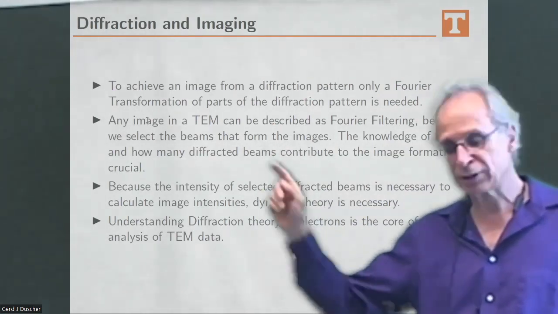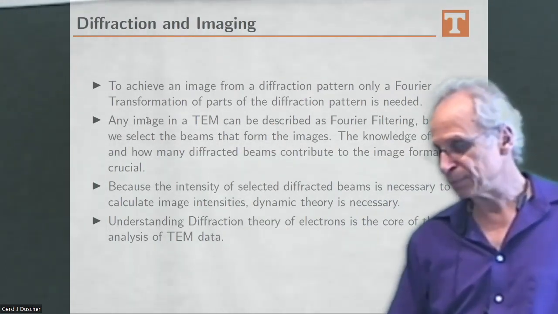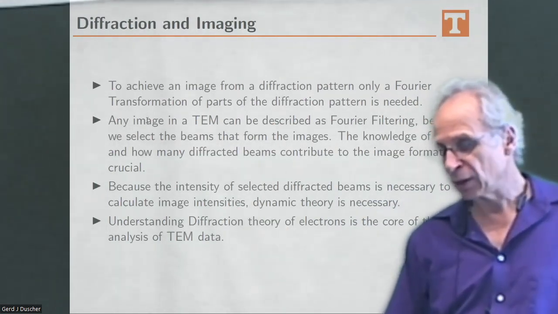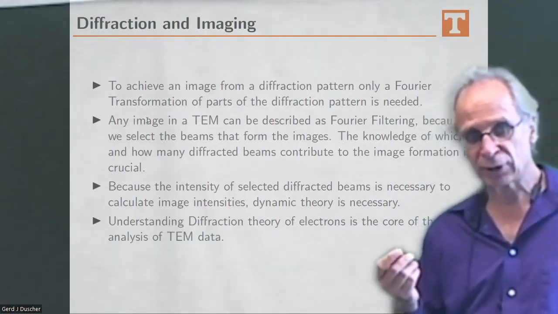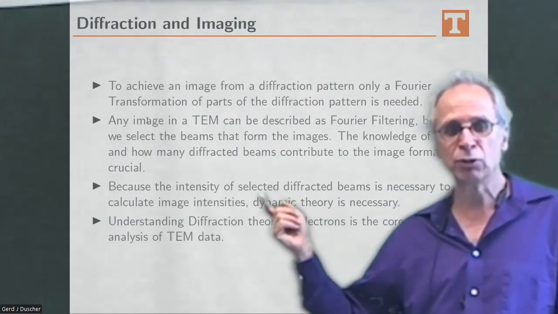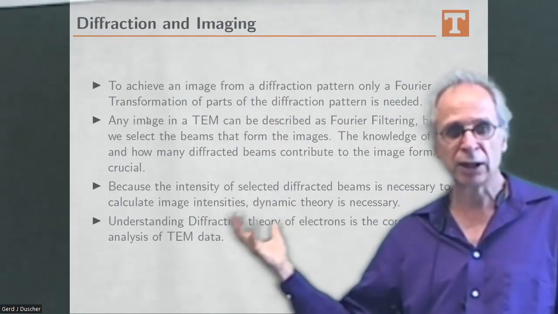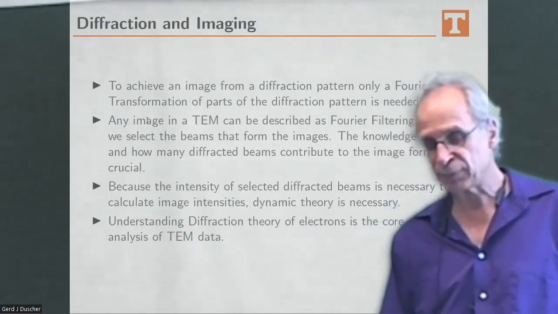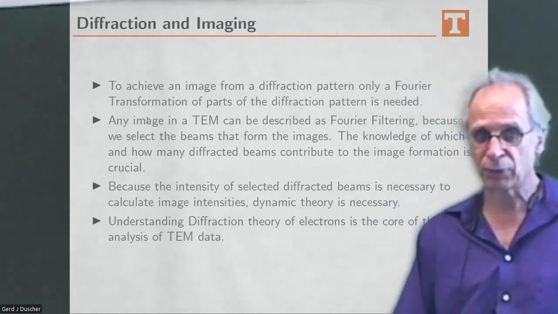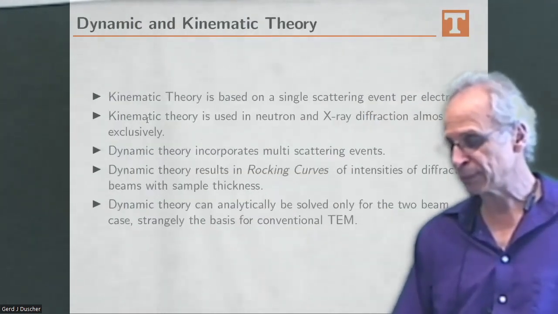We do Fourier filtering in a moment. We had this question, and so if you do a simulation of any kind of technique, what you really do is a diffraction simulation, and then you sort out where it comes through Fourier transformation or placing your beam there.